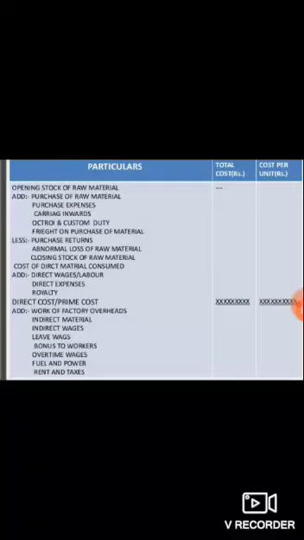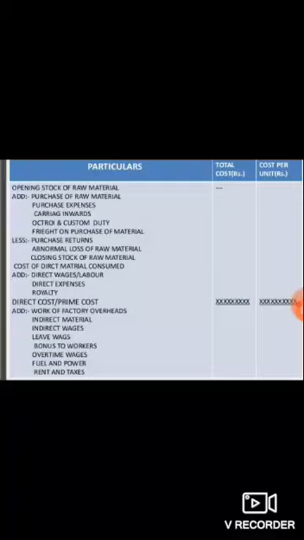And freight on purchase of material, if any freight is there on the purchase of raw material, should be added to the raw material.